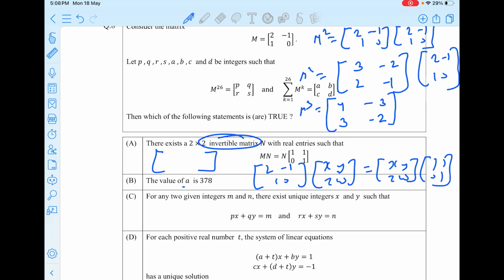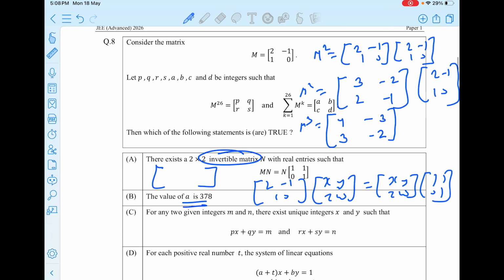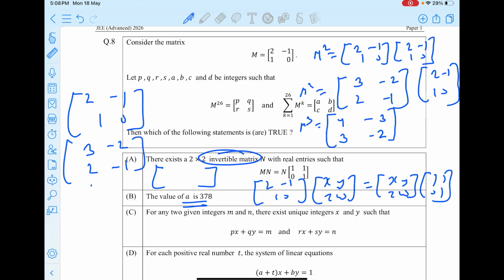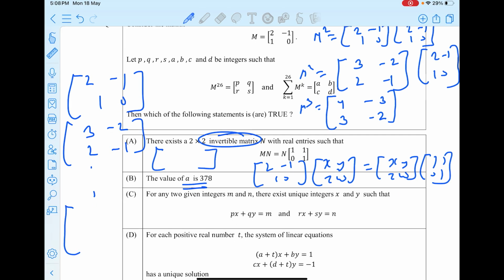Okay, the value of A is 374. So see what is the matrix, you have to just add. So 2 minus 1 1 0, 3 minus 2 2 minus 1, and so on it will continue. At last what will you get? At last you will get 27. Because they are asking only about A, so 2 plus 3 plus 4 up to 27.